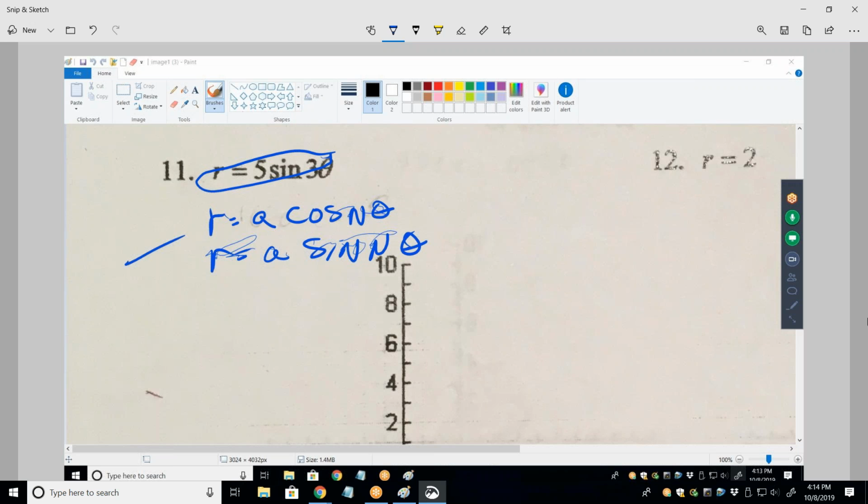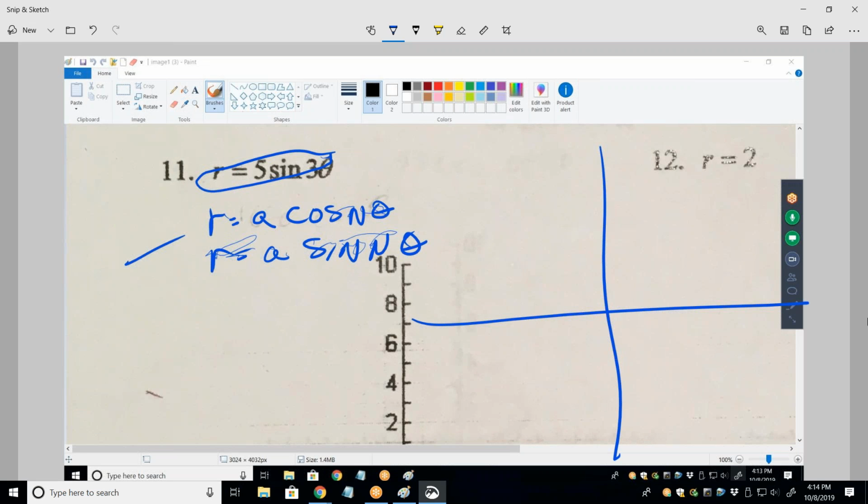If n is even, the rose has 2n petals. If n is odd, the rose has n petals. So in our case, n is odd, which means we have 3 petals.